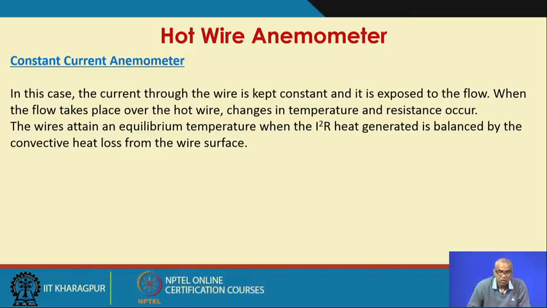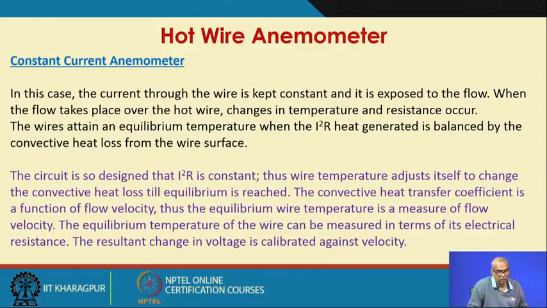So, the wire will assume an equilibrium temperature when there is a balance between the heat generated, that is I square R heat generated, and the convective heat loss from the wire surface. The circuit is so designed that I square R is constant.